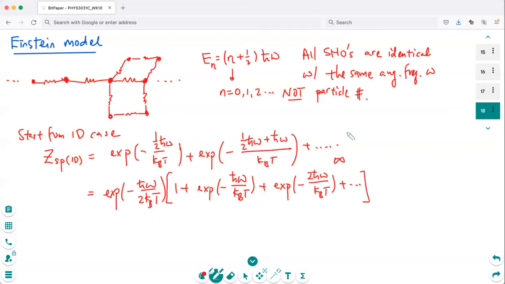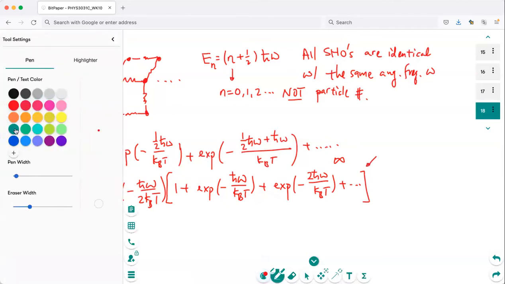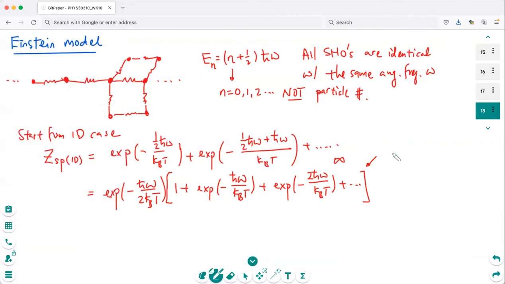Now you need to think about how to continue. What do we do next? The thing to see is what is inside this square bracket. It's a geometric series, a geometric progression, which you know how to sum.